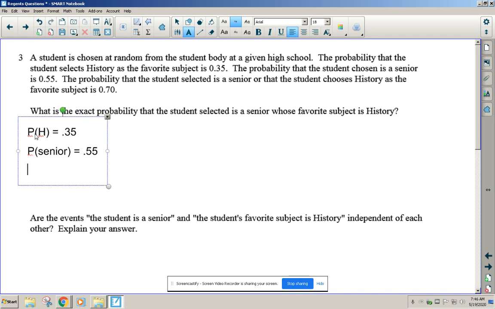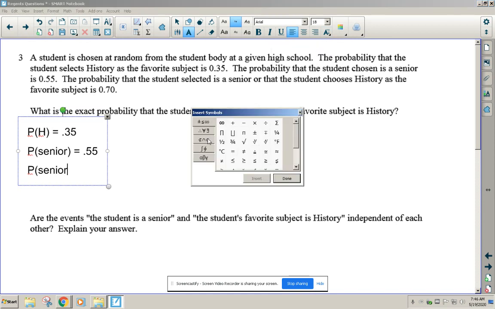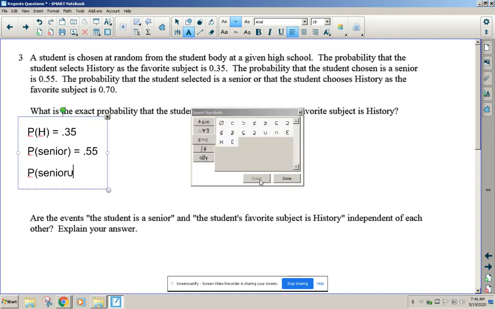So that's pretty significant. Let's write that out. The probability that the person chosen is a senior, or, now that would be that big formula we just did, a senior or they like history as a favorite subject, is now 0.7.